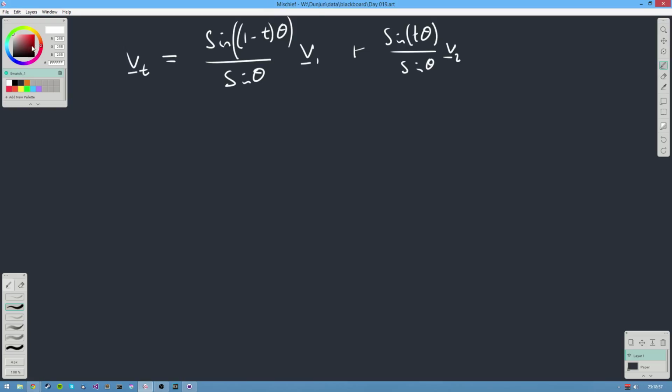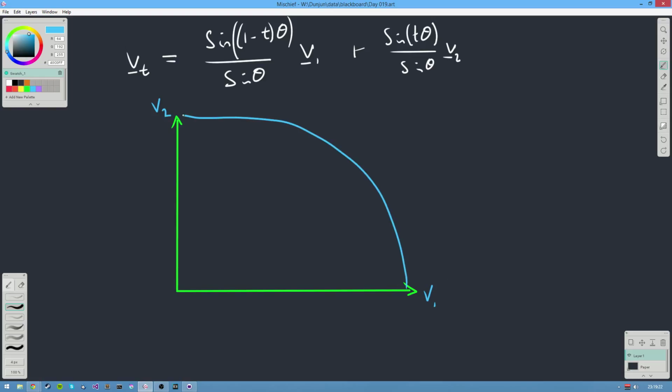Now if I drew a diagram just to explain this, like I've been doing lately, let's draw that. So we've got a diagram here. Let's say, keep with counterclockwise rotations. This here is v1, and let's say that's v2. The spherical bit is we're going round in an arc, and somewhere around this arc is vt. This will be vt, and vt is expressed across that line somewhere, like there.